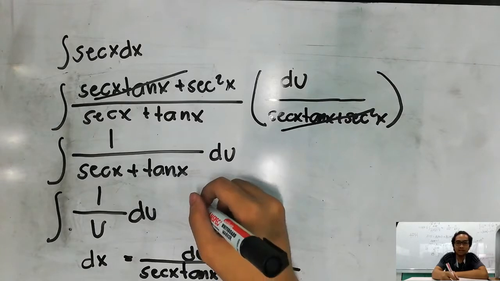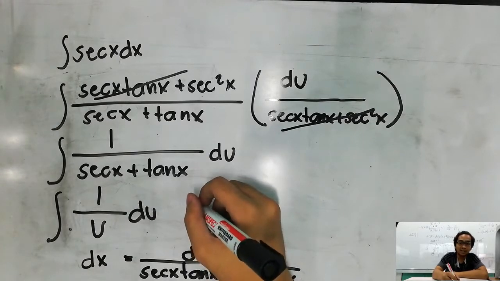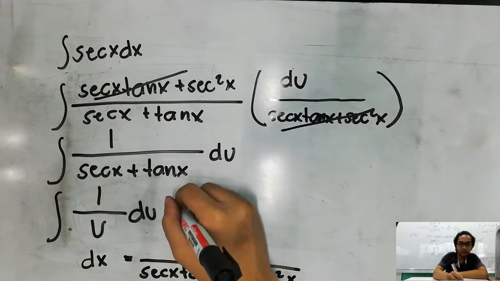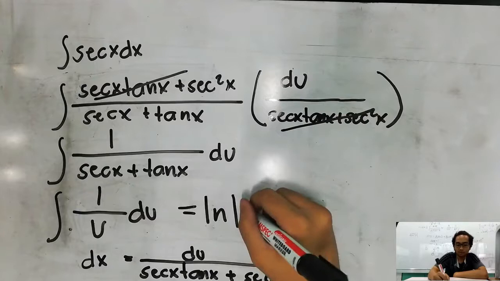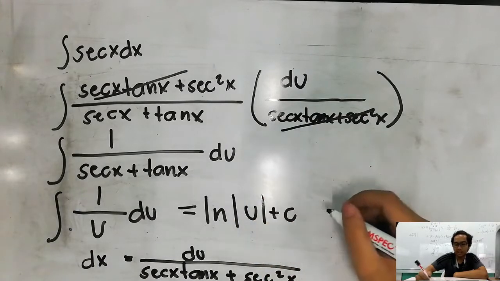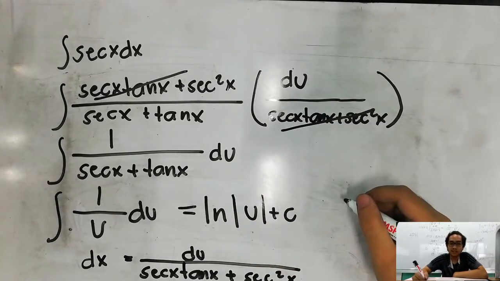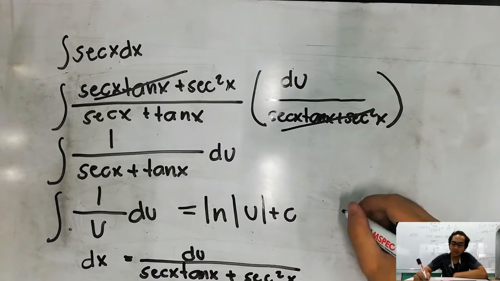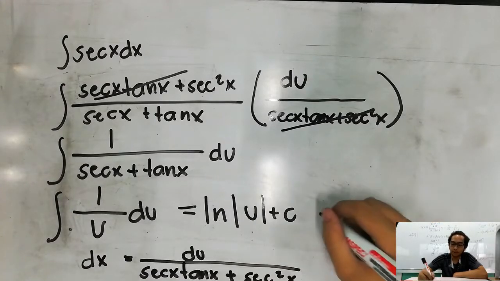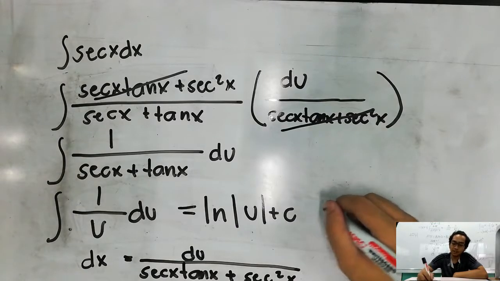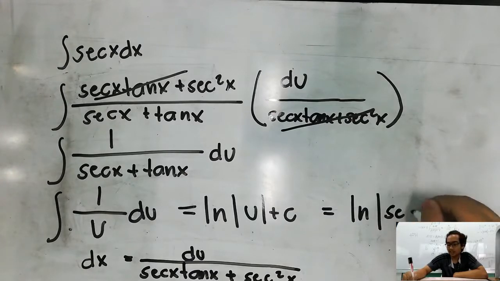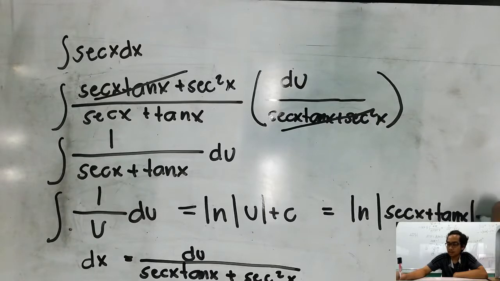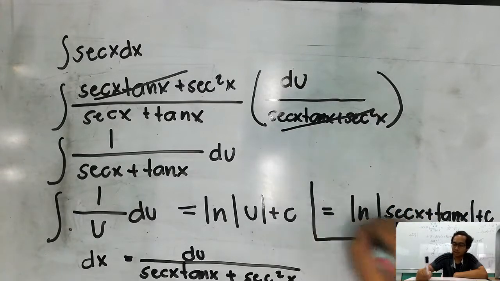What we have here now is a log rule formula, and since the integral of 1 over u is equal to natural log absolute value of u plus c, we simply substitute secant x plus tangent x for the variable u. Then our final answer is natural log absolute value of secant x plus tangent x plus c. This is our final answer.